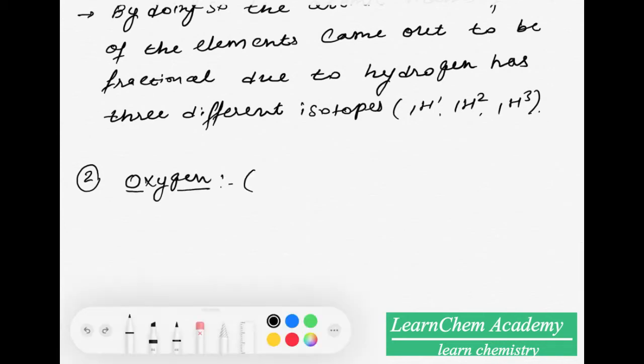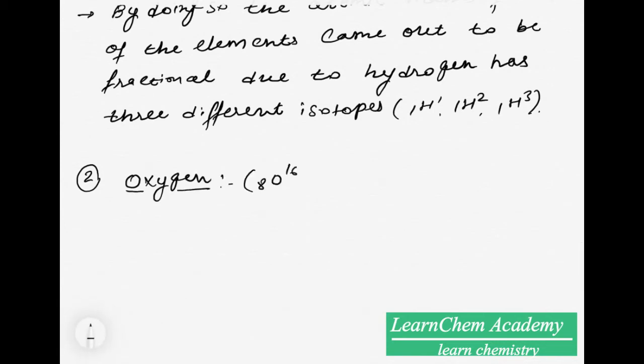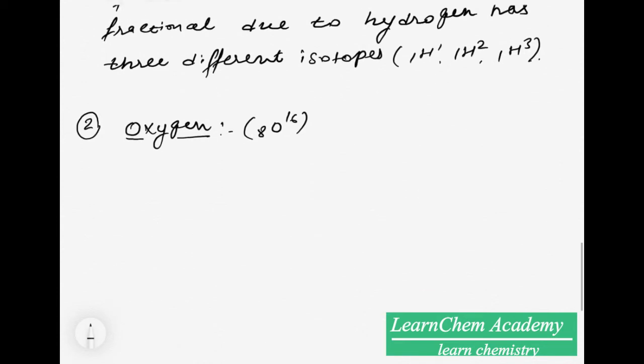The 8O16 isotope was taken as a reference element. Oxygen was suggested by Ostwald.